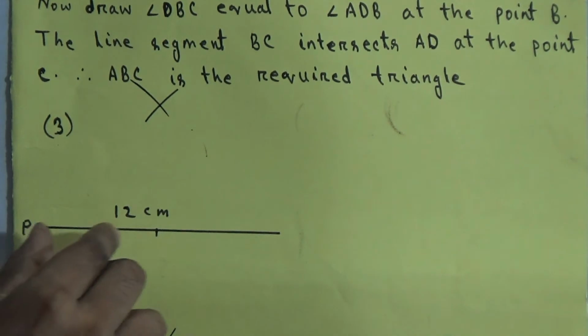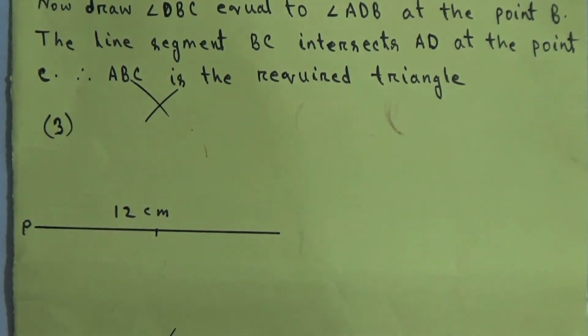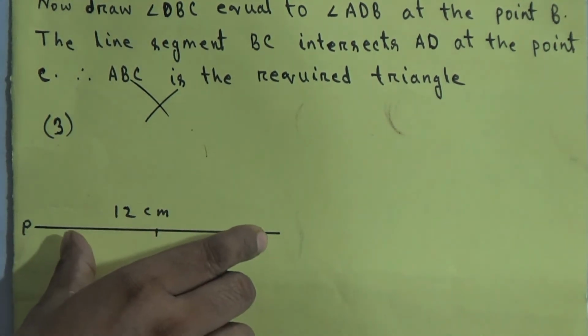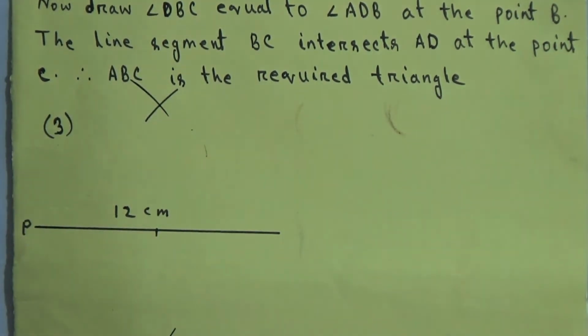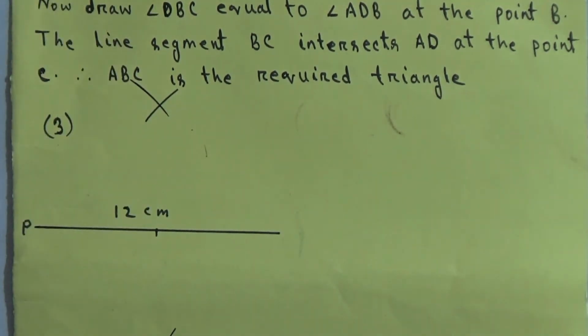Now if we again divide these line segments into two equal parts, then we can get 1/4 of the perimeter. In the same way, we can divide these line segments into two equal parts.